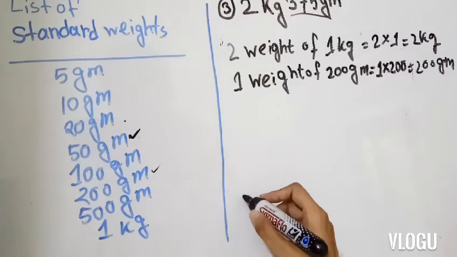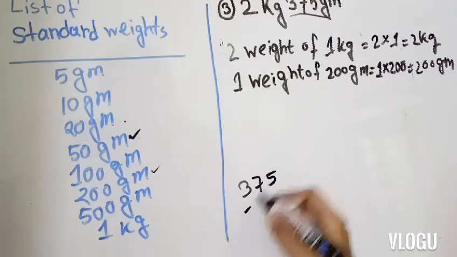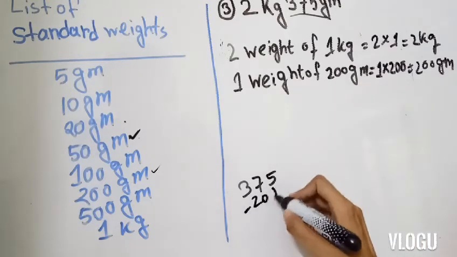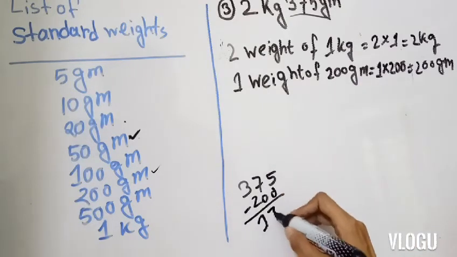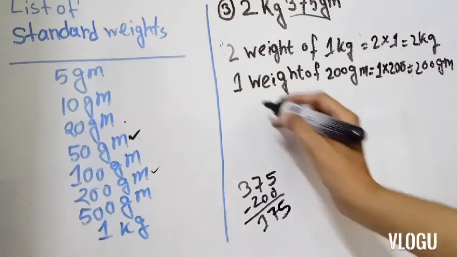So from 375, if we subtract this 200 gram, left 175 gram.